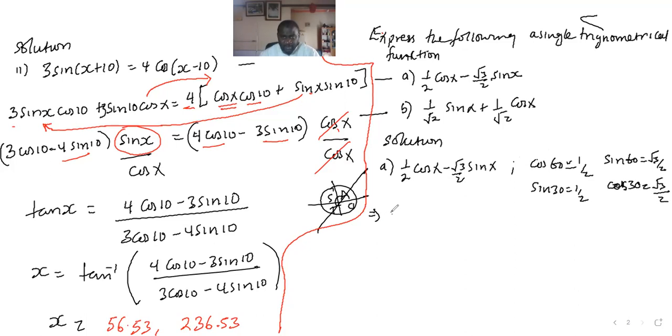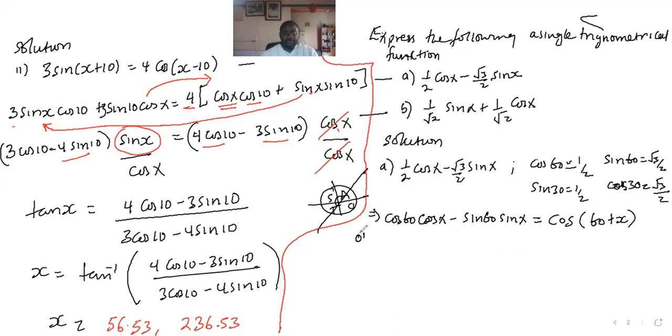I can start with 60. I will have cos 60 cos x minus sine 60 sine of x. Do you realize that this comes from the expansion of cosine, because it is cosine of 60 plus x? That is a single trigonometrical function.